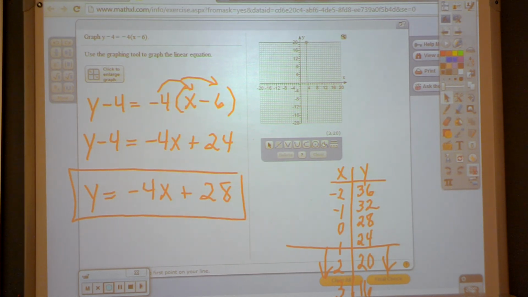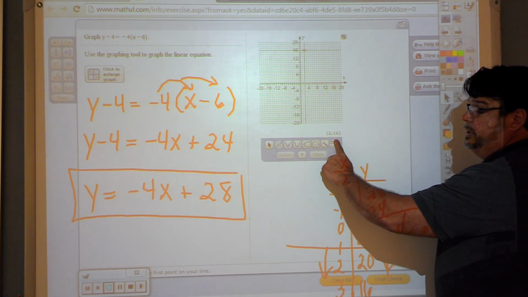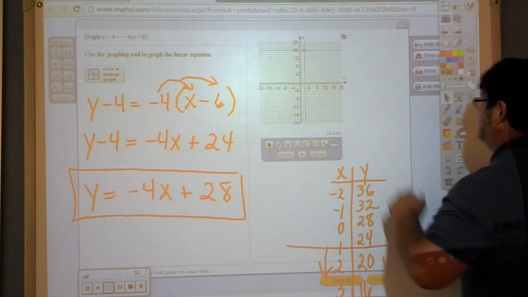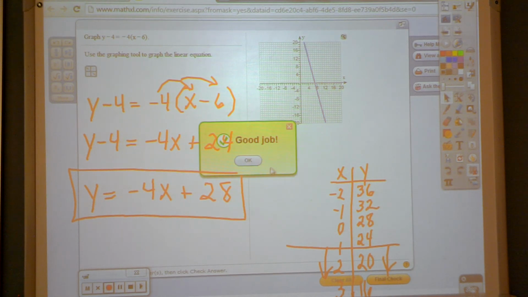And look, they even give you a little box down here to make sure that you're on 2 and 20. I'm not on 2 and 20, so I need to fix it. And when it says 2 and 20, you hit the left button 1 time. And then do 3 and 16. There's 3. And there's my line. And that's how you do graphing.